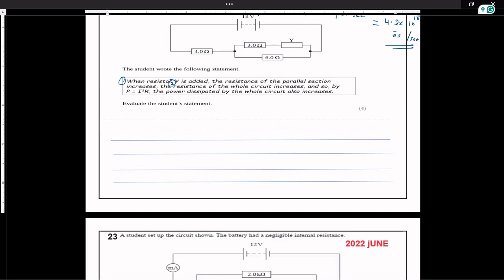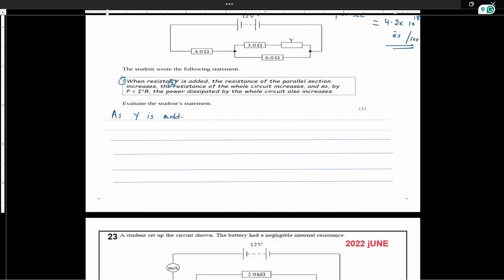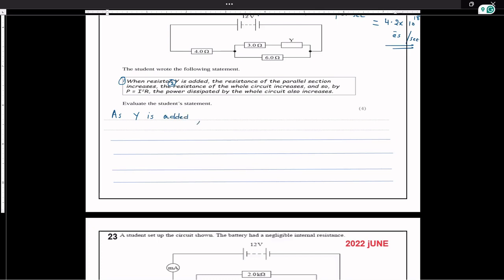So let us start with the statement. As Y is added, R total of that branch, let us call this loop 1, increases because you added a new resistor.